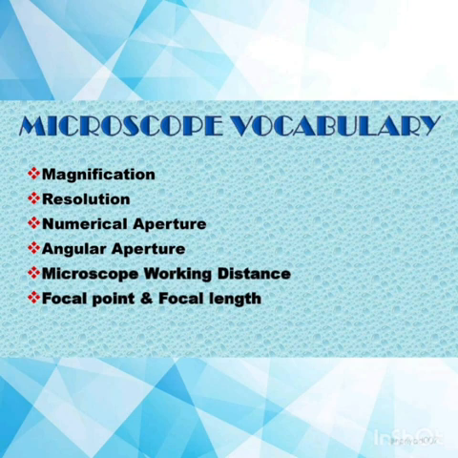In this video, I will discuss the basic microscope vocabulary starting from magnification, resolution, numerical aperture, angular aperture, microscope working distance, and last but not the least, focal length and focal point. Other than these basic terminologies, there are explanations for many of the common words used in microscopy. We will find many of these terms used in the microscope world.